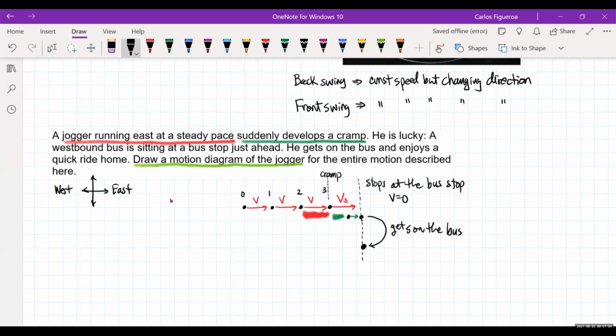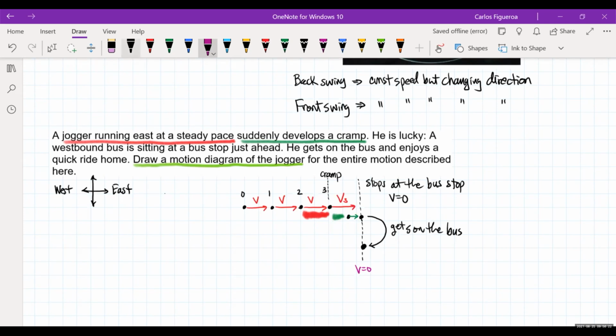There's a westbound bus, so we know that the bus is going to start from rest. He can't be getting onto a moving bus. So he's sitting, gets on the bus and enjoys a quick ride. What do we know about the bus? It's at rest, so there can't be an arrow when the bus is at rest.